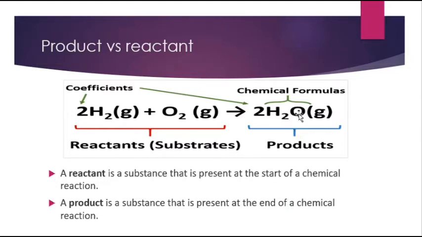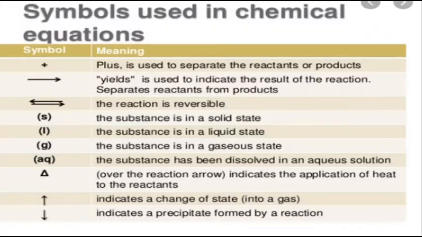Okay. So before we move forward, let's discuss the different symbols used in chemical equations. If you see a plus sign, it is used to separate the reactants or the products. An arrow means yield. It is used to indicate the result of the reaction and separates reactants from products. If you see a double reversible arrow, it means the chemical reaction can be reversed.